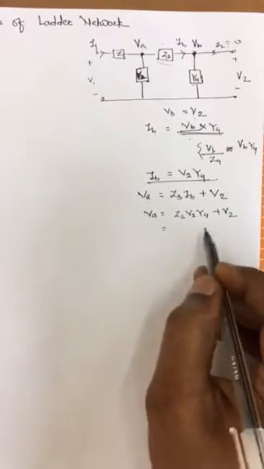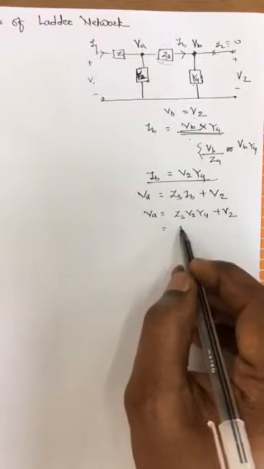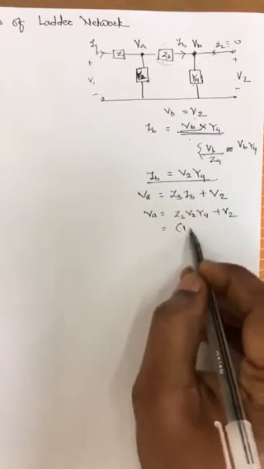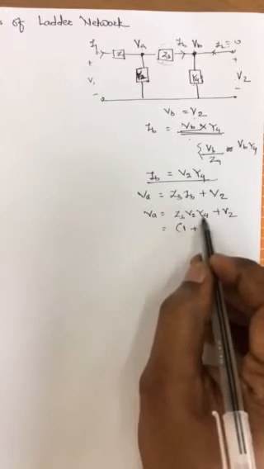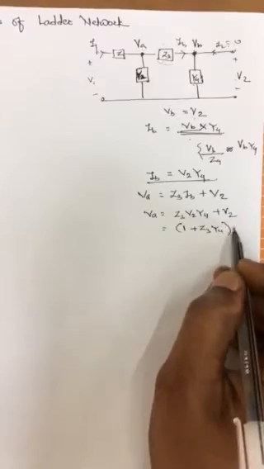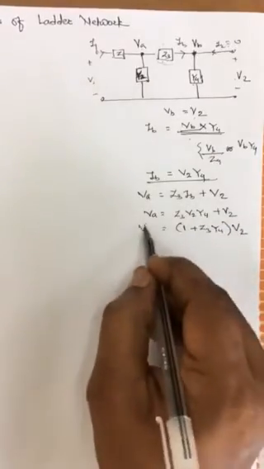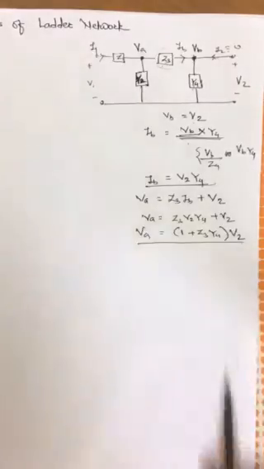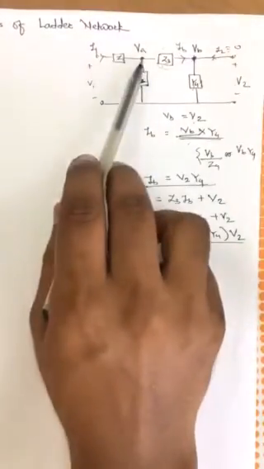I can take V2 as common and write 1 plus Z3 Y4, with V2 taken outside. This is VA.